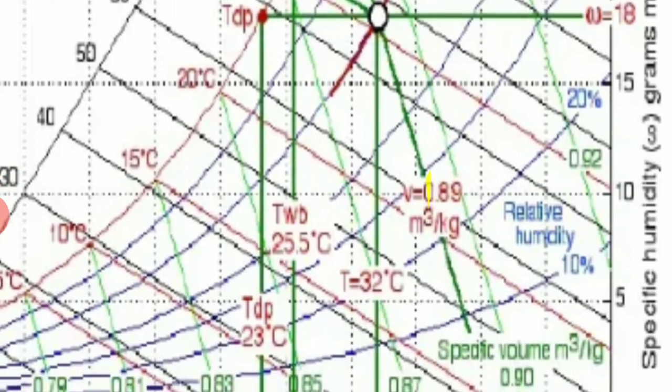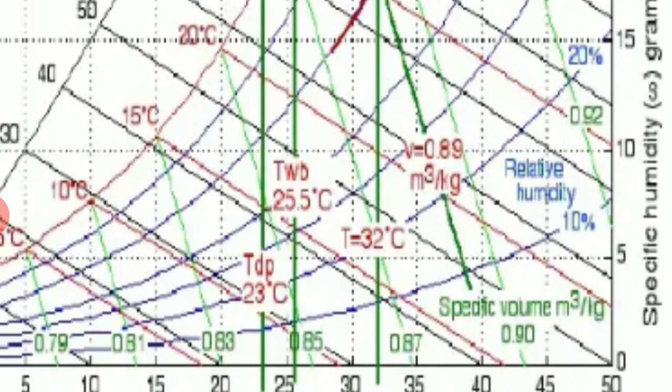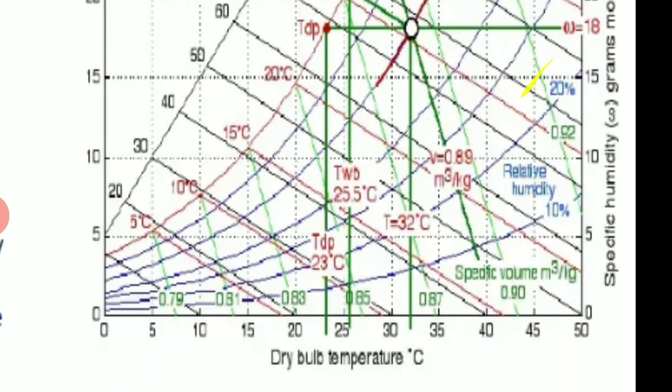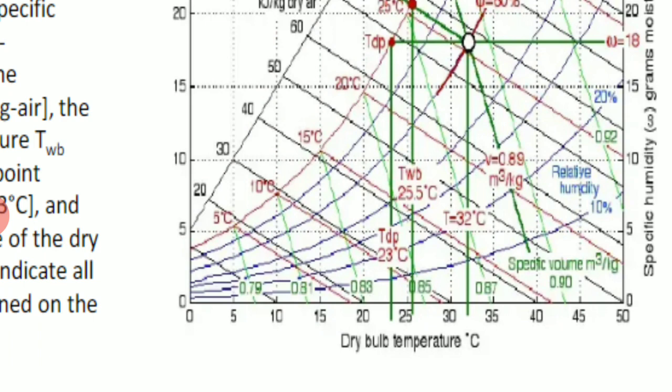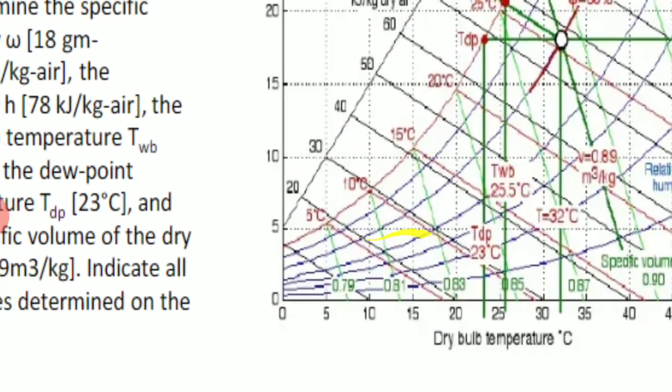So whatever point is obtained on the saturation curve, the same value can be seen on the dry bulb temperature x axis also. Okay, so this is dew point temperature. You have to move horizontally towards left on the saturation curve, so TDP can be obtained.